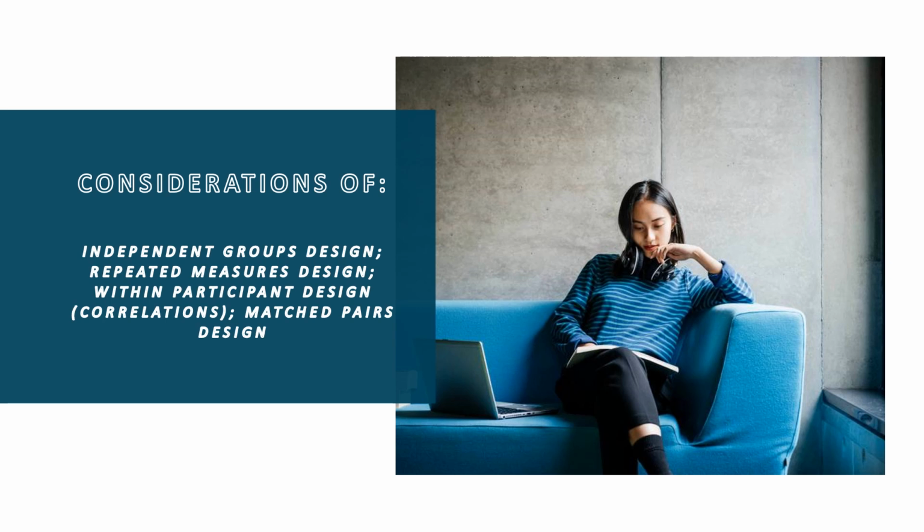The use of repeated measures designs, whereby the participants take part in both or more conditions of the IV. Within participant design, which is within correlations, and a matched pairs design, whereby you will match the groups that you are going to use on a particular demographic characteristic and then separate them into independent groups design.